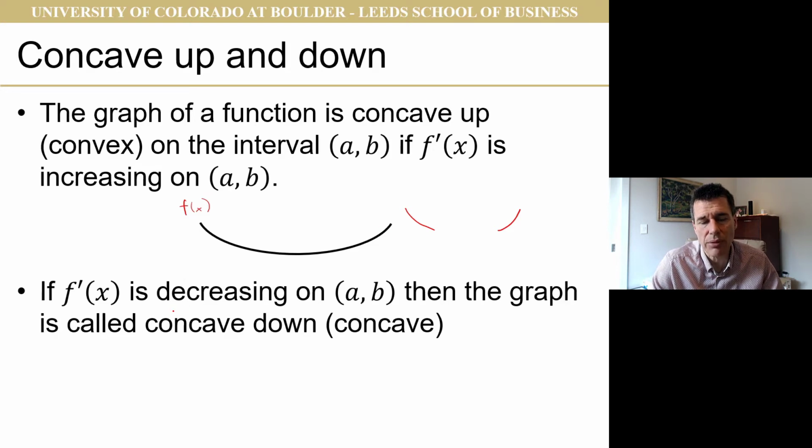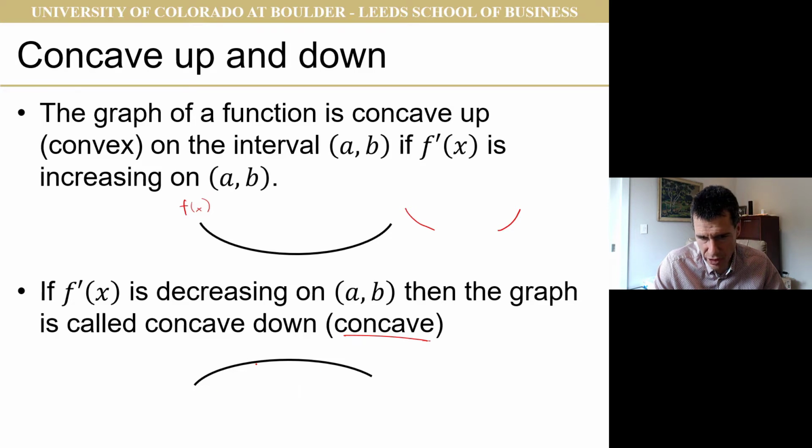If f prime of x, the derivative, is decreasing, then the graph is called concave down. When I learned this, it was just concave, and I could remember concave versus convex as concave looks like a cave. That was my one way to remember these things. Okay, so let's think about this. f prime of x is decreasing. Right now, this is our function.